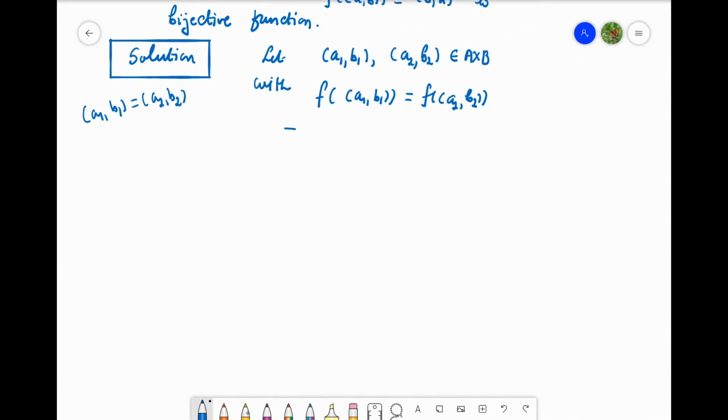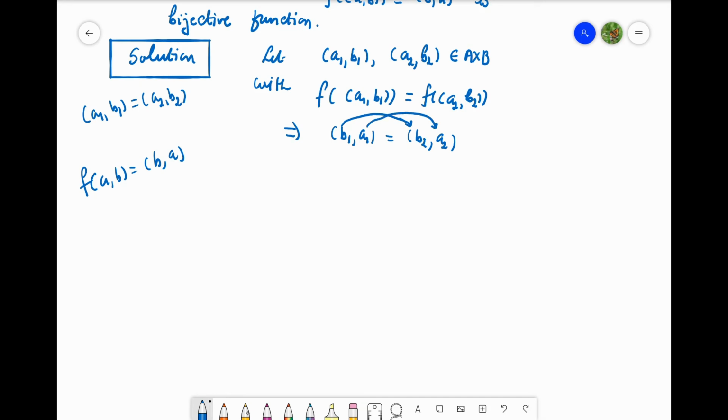Now by definition, this is (b1, a1) equal to (b2, a2). You check the definition of f of (a, b): it is (b, a), reverse the order. So here f of (a1, b1) equals (b1, a1) and f of (a2, b2) equals (b2, a2). Two ordered pairs are equal if and only if corresponding elements are equal.